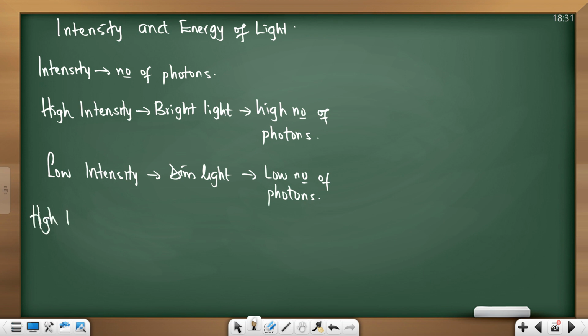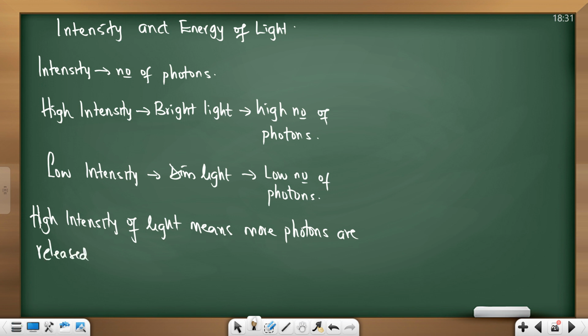High intensity of light means more photons are released or shown, let's say, to the surface of the metal.